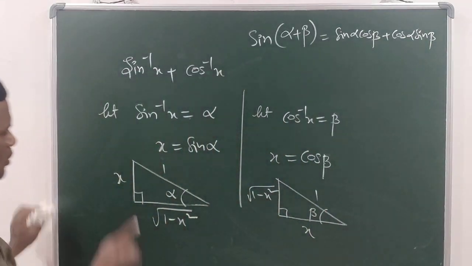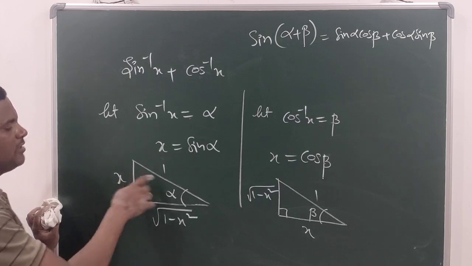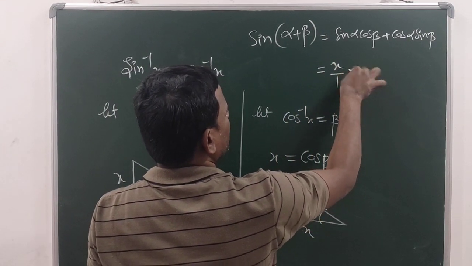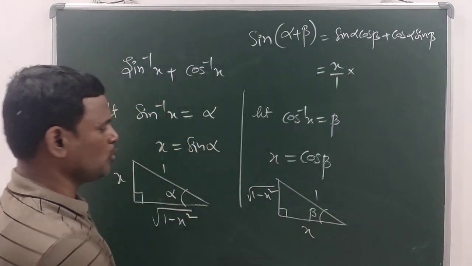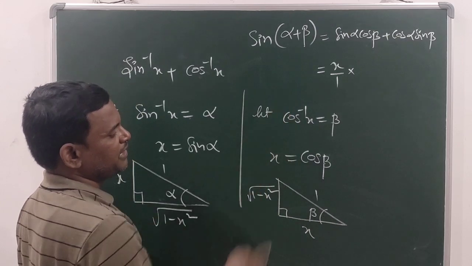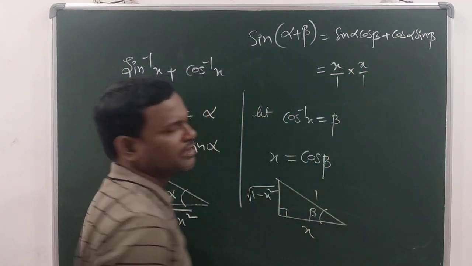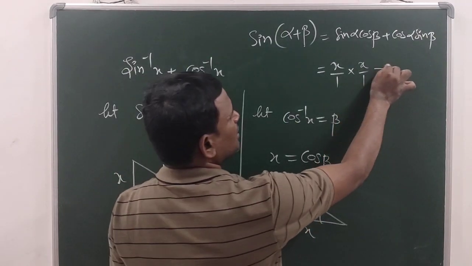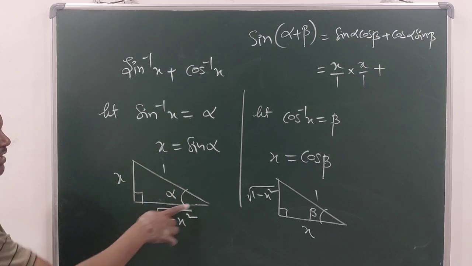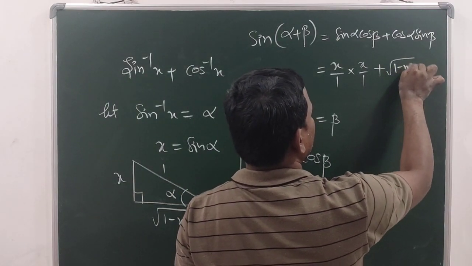Now sine alpha means go to this alpha right angle triangle: x by 1. Cos beta means go to this beta right angle triangle. So cos beta is adjacent by hypotenuse, x by 1 you will get, plus cos alpha. Cos alpha means go to this right angle triangle and define cos, root of 1 minus x square you will get.